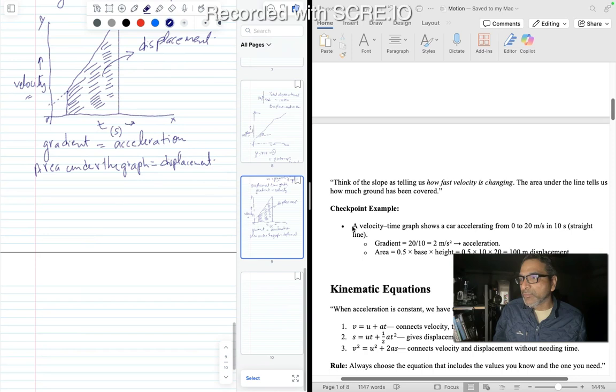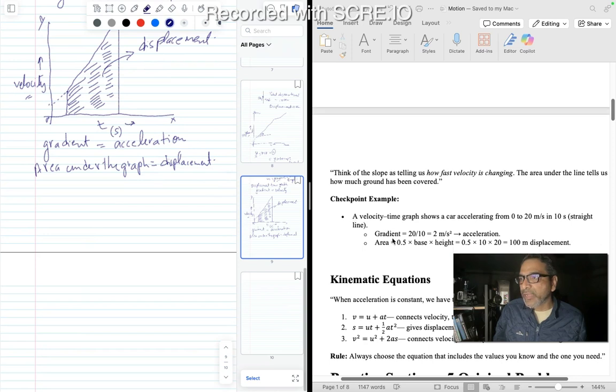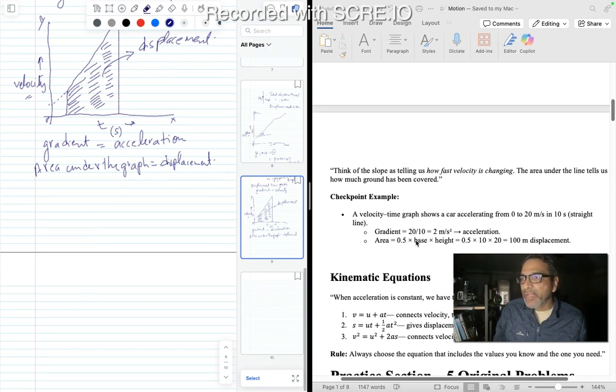All right. So this is a simple calculation. If we are asked what the gradient is, we just need to look at the graph. Let's take this example.